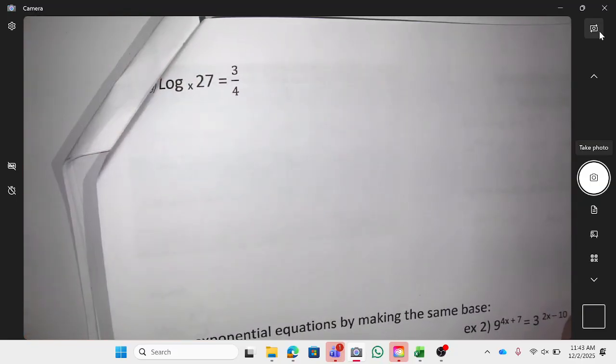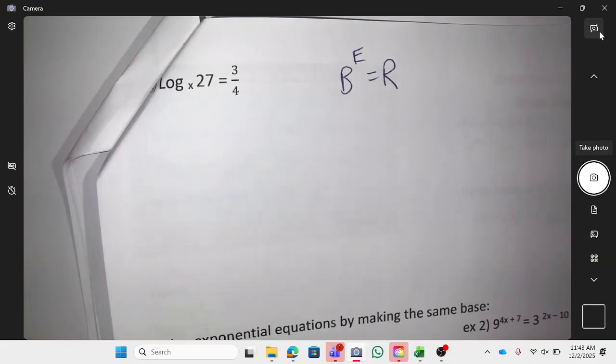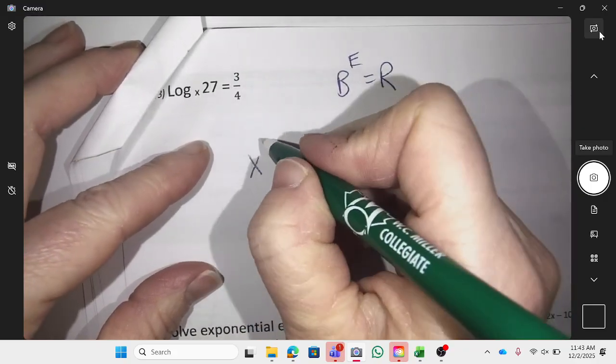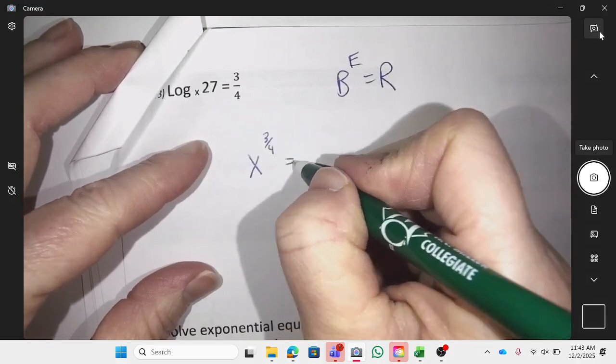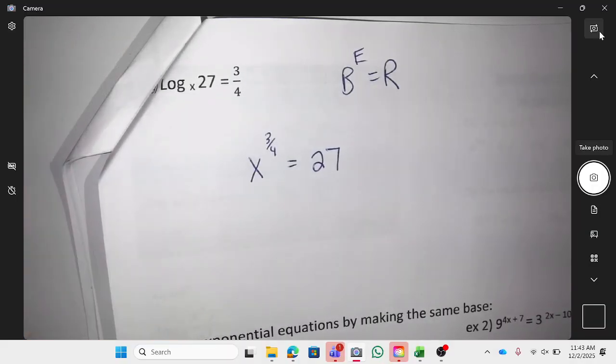Okay, let's rearrange this. So tell me what's the base, exponent, results. I'm going to change it to exponential form. Okay, so here's my goal.